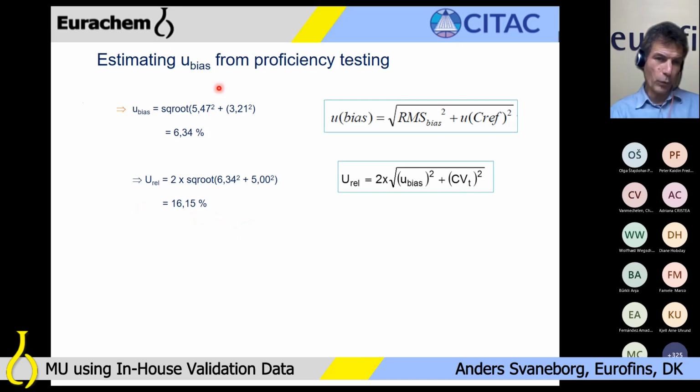Maybe you remember before we got 12% using the control sample. So the estimate of the uncertainty here is higher using data from proficiency testing. So what is correct? Of course, we have to evaluate that inside the laboratory. But this is just to show you that we use these two ways of calculating the uncertainty.